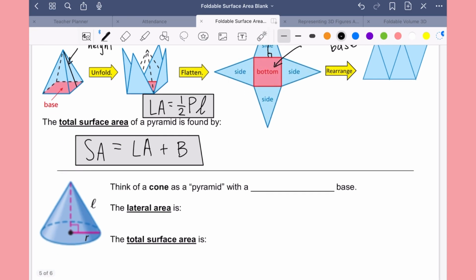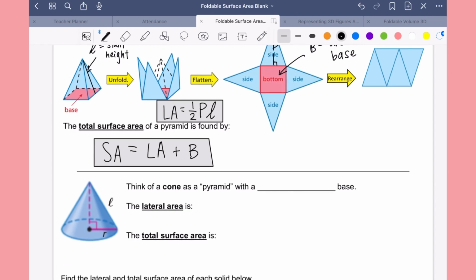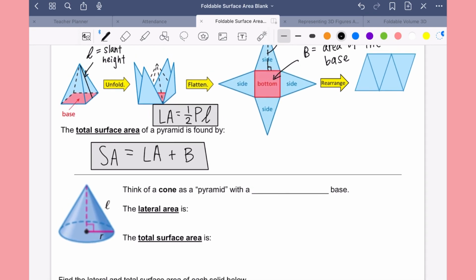Okay, let's move forward to cones. So cones work the same way, but instead of having a shape with an edge, we're having a circular base. Just like cylinders don't have edges, they're round, and cones are the same way.